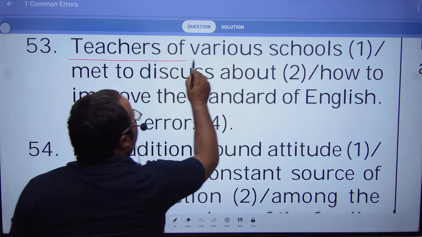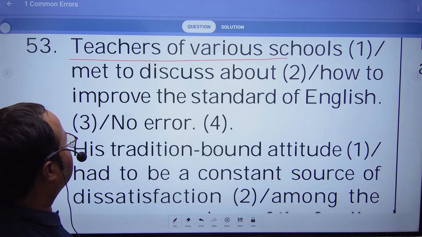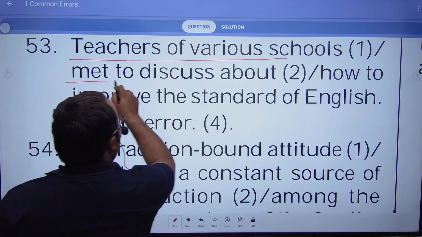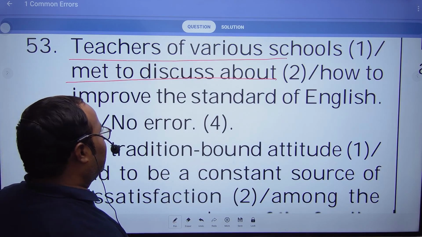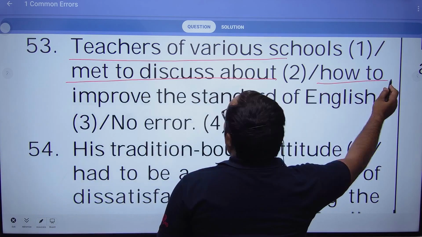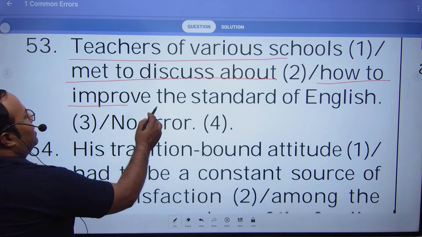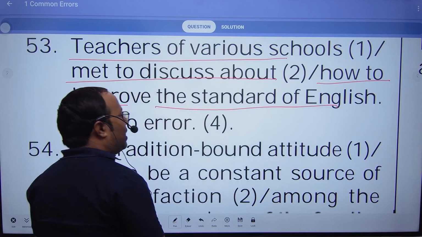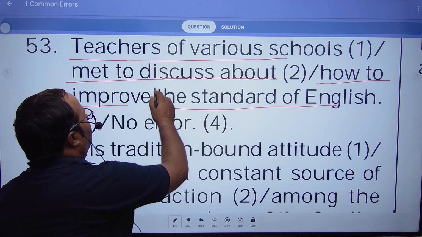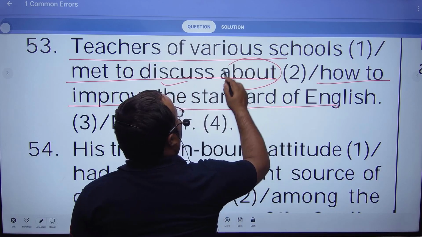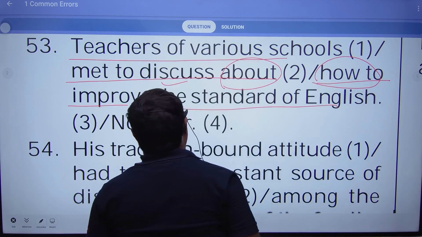Teachers of various schools, विभिन्न विद्यालयों के अध्यापक मिले to discuss about, बातचीत करने के लिए how to improve, कि कैसे improve की जाए the standard of English, अंग्रेजी का स्तर. So here the mistake is with discuss: either use about or use how to.